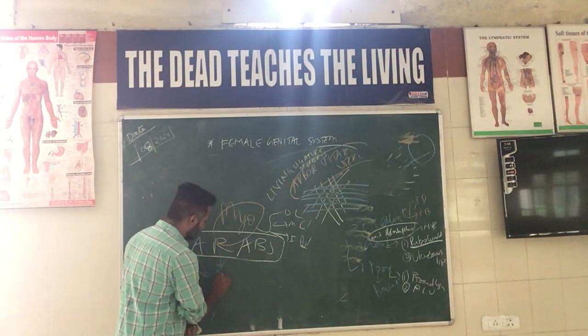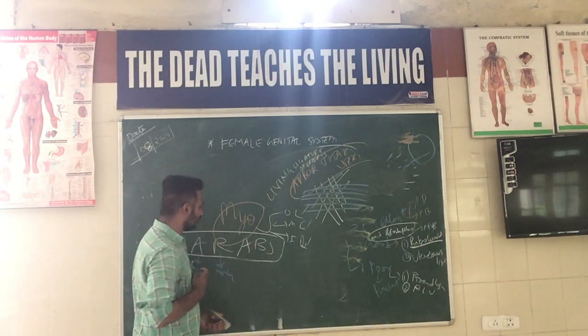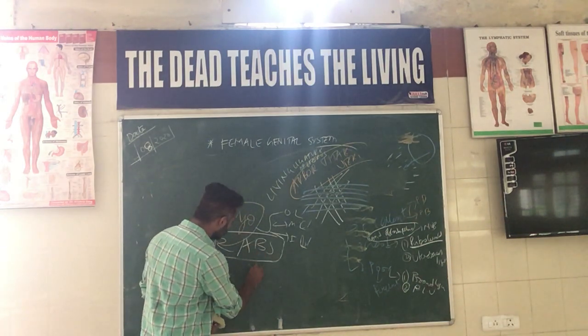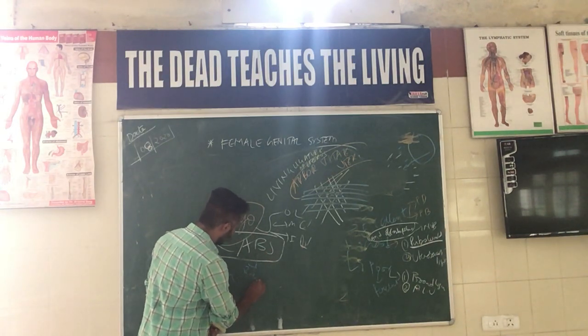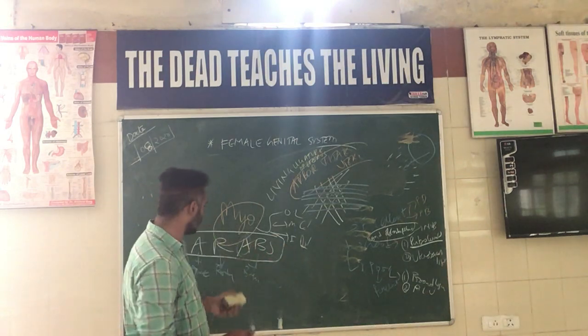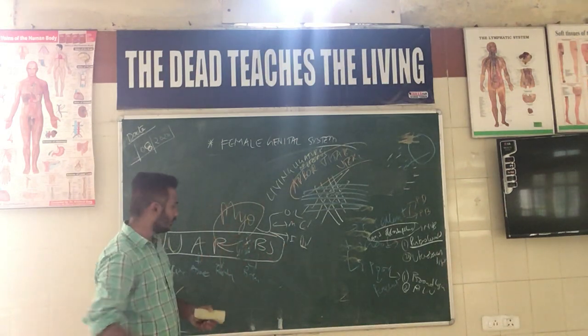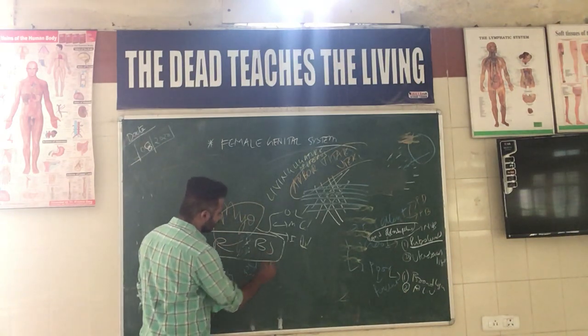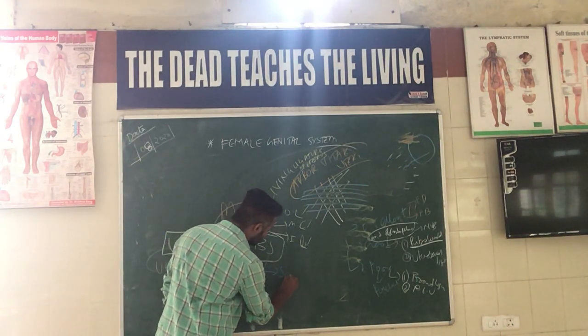Next is the radial artery. Next is the basal artery. This J has nothing to do, it's just to make the mnemonic appealing; the A can simply be removed. URFs, you can remember it like that. The basal artery, and the last is the spiral artery.